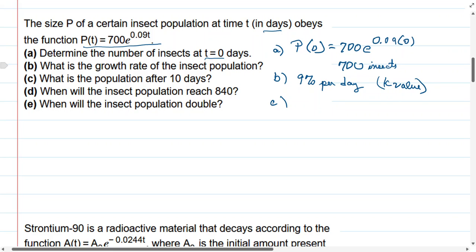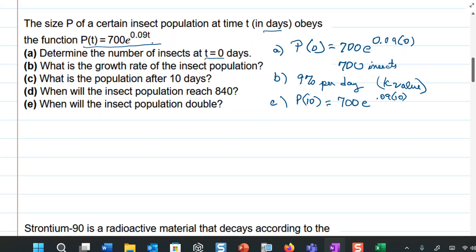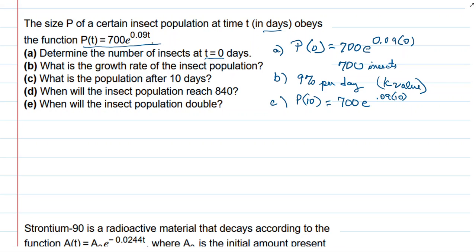The C, this is learning the components, if you will. What is the population after 10 days? Well, we would have P of 10 inserted, and we would use our handy dandy calculator, which I don't have activated.